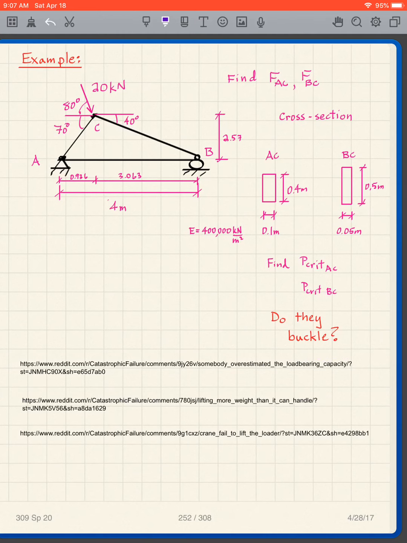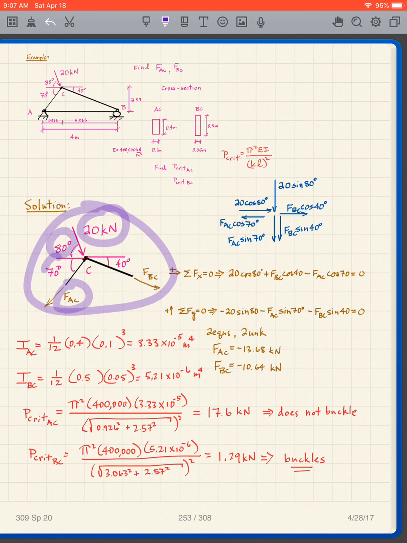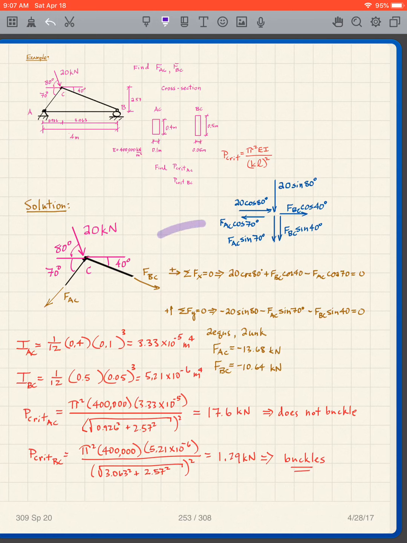Okay, so I'm assuming you've solved that. I'm going to take you through the first part of it, and then we'll finish it in the next video. At this point you should be able to do this very quickly. I've got the 20 kilonewtons here at 80 degrees, FAC at 70 degrees, FBC at 40 degrees, and I'm just going to convert that free body diagram into this one.